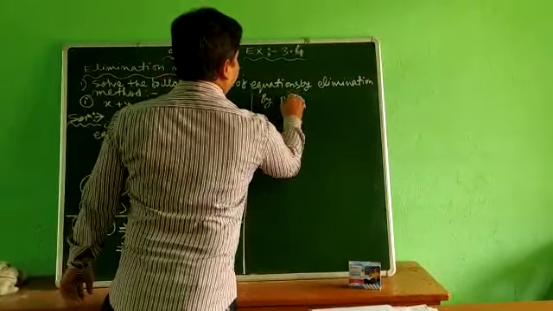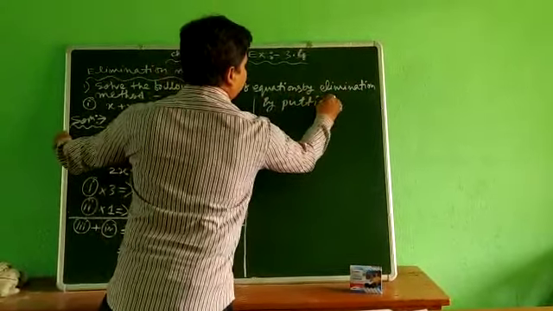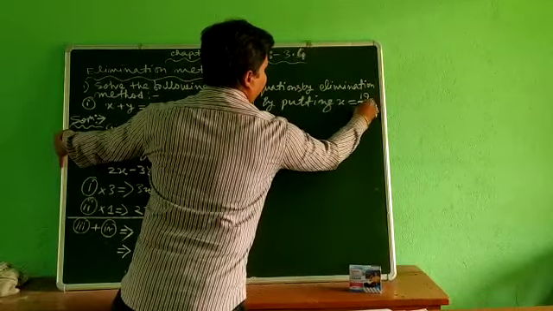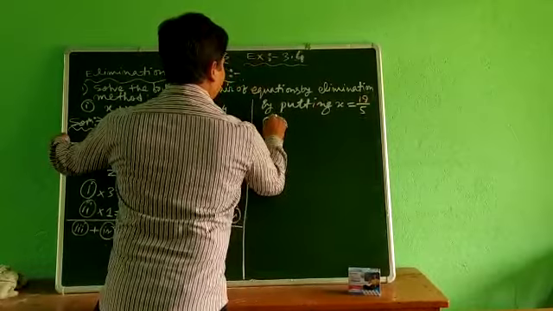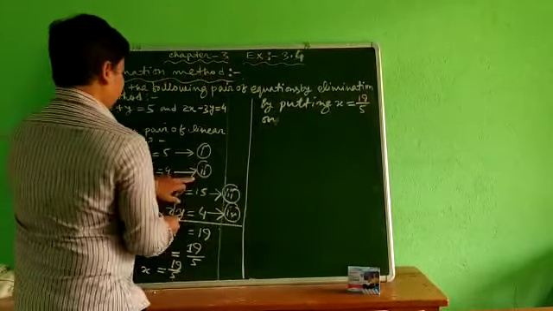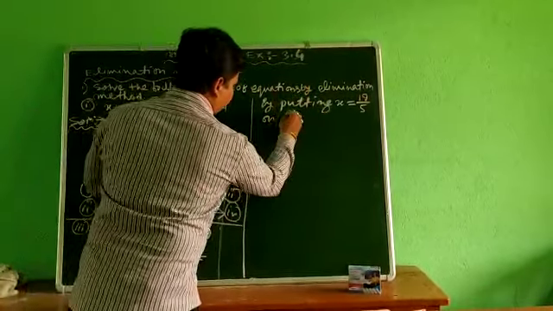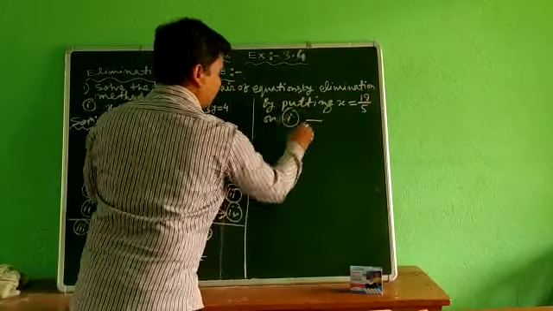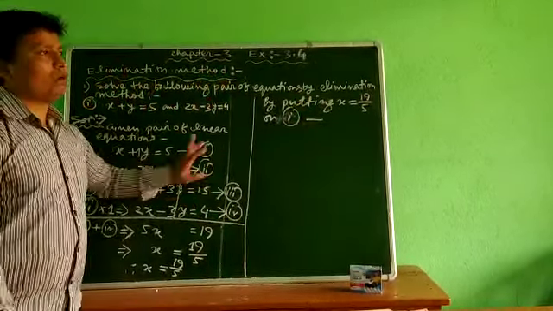Now by putting x equal to 19 by 5 in equation number 2 or 1, any one equation, either 2 or 1.